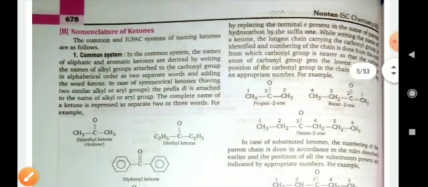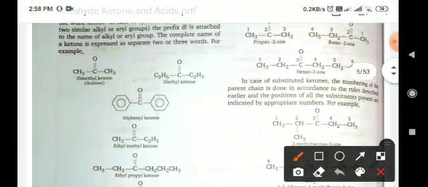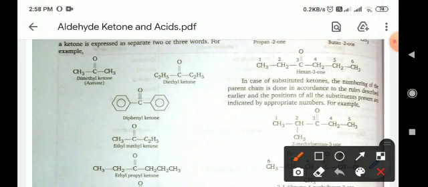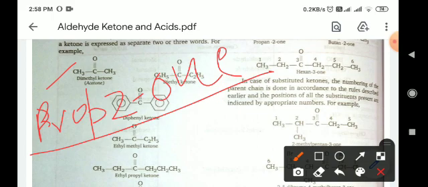The nomenclature for ketones is the same. As we know, for ketones we use the suffix one. Here you can see there is a 3 carbon chain. For 3 we use prop, and at carbon number 2 a ketonic group is present. So it is called propan-2-one, or propanone.